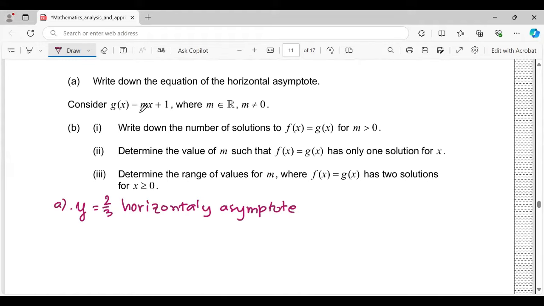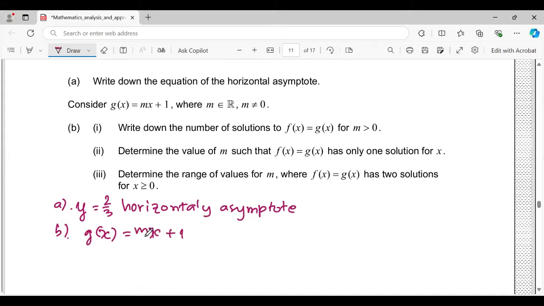Consider g(x) equals mx plus 1. Write down the number of solutions to f(x) equals g(x) for m greater than 0. If m greater than 0, it means m can be 1, 2, 3, 4, 5, and so on, all positive numbers. So g(x) equals mx plus 1, this is a straight line.